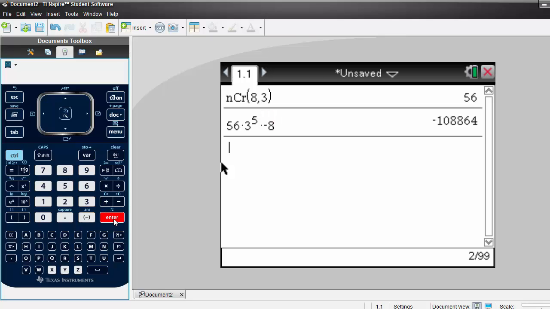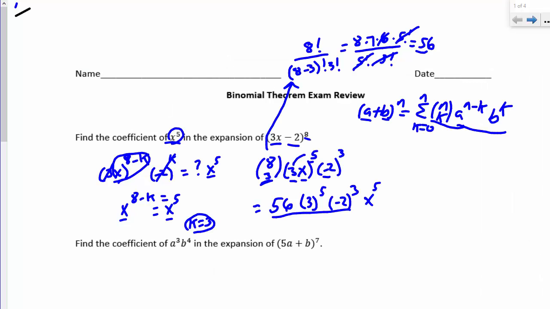And that's going to give me this number, which is negative 108,864. And then I'm going to go back to this and say, all right then, this is going to be negative 108,864, and it's going to be x to the power of 5.